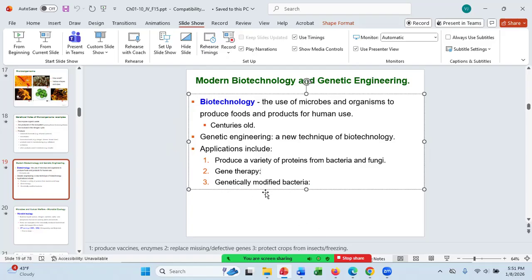I'm sure you've all heard about genetically modified tomatoes, the flavor savor tomato, which is very hard to find now in the supermarket. Apparently people didn't want to buy it, so people stopped carrying it. But we can make genetically modified crops like the flavor savor tomato, and also genetically modified bacteria. Any question about any of that?